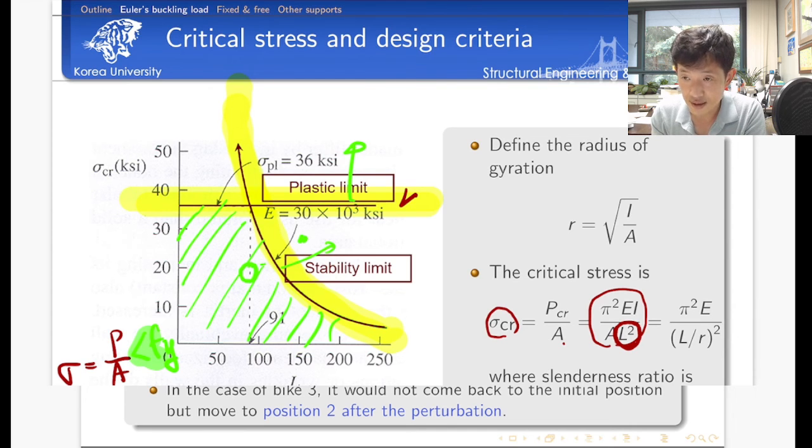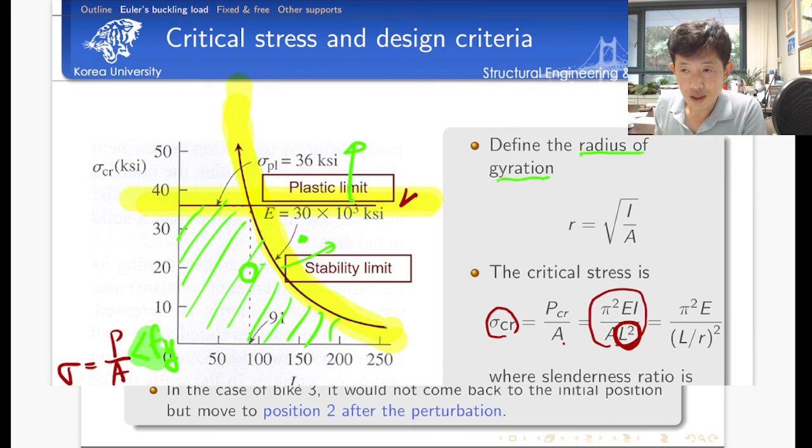Is it clear? And here, we'd like to introduce a new variable, the so-called radius of gyration. This is useful for the discussion of stability. It is the square root of the second moment of inertia divided by the cross-section area. This is the radius of gyration. If you open a design of steel structures book, you can find this radius of gyration in many different places.